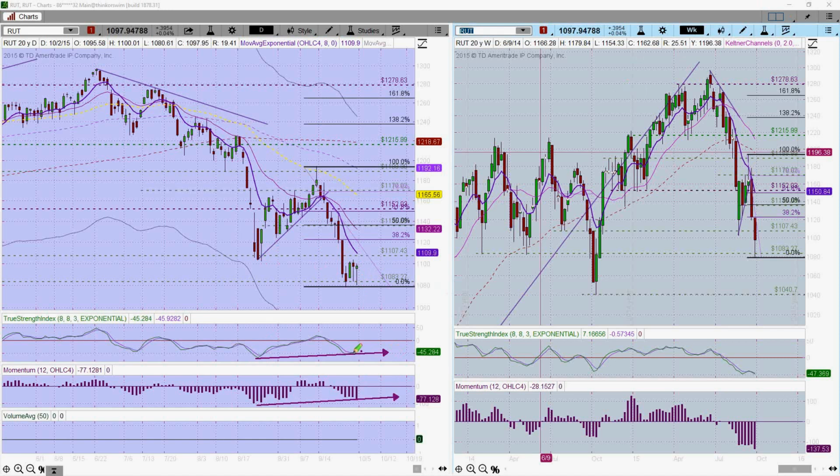However, the TSI and the momentum are not putting in a new low, and so from a technical analysis standpoint, that would make this actually a stronger signal for a reversal than the other that we saw in the other indexes.